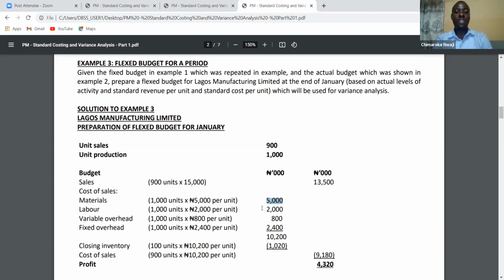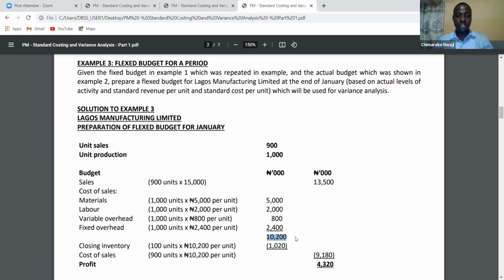For labor, the same 1,000 units would have spent 2 million. Variable overhead would have spent 800,000. And fixed overhead, we would have spent 2,400,000. When we add all of these together, our absorption cost here will give us 10,200,000. Now, going to closing stock, don't forget this point.